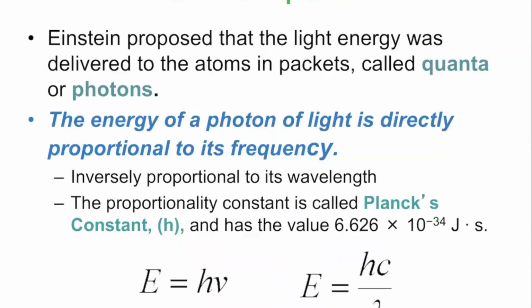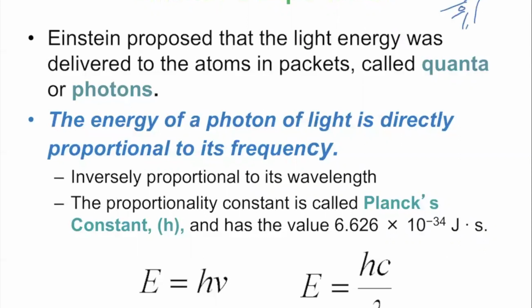So Einstein, in 1905, proposed an explanation to the photoelectric effect. His explanation said that light energy comes in pockets. Here's the light right here, here's the light, and there are pockets that are coming, and those pockets are going to be called photons.